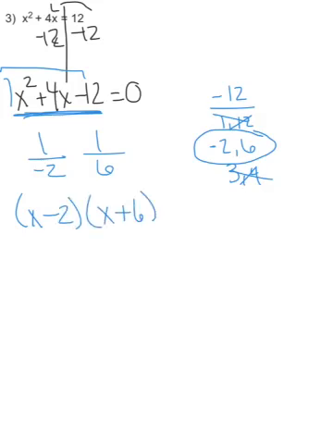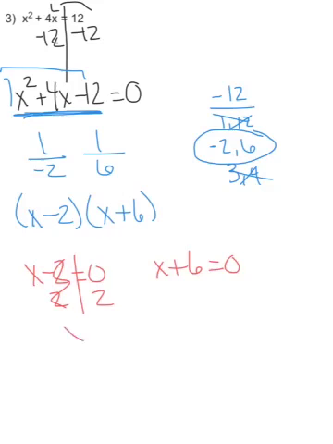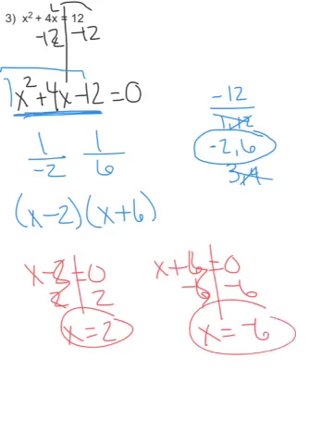Then we're ready for step 3, which is to set each factor equal to 0. So we'll have x minus 2 equals 0, and x plus 6 equals 0. Then we'll solve. So the first one will add 2, and x equals 2. The second one will subtract 6, and x equals negative 6.